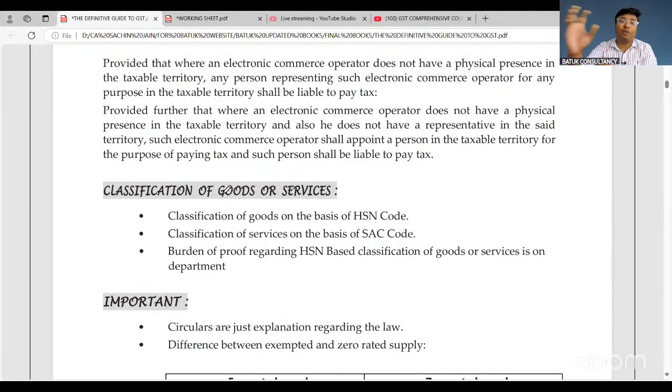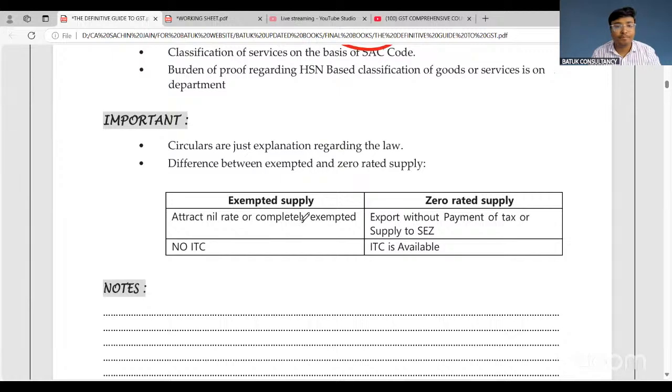Now, classification of goods is based on the HSN code and SAC code. Now, sir, what is the difference between notification and circular? So, circulars are just for explanation purposes. Circulars are not binding on us, but notifications are binding on us.